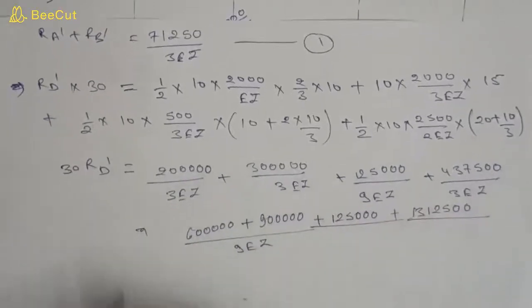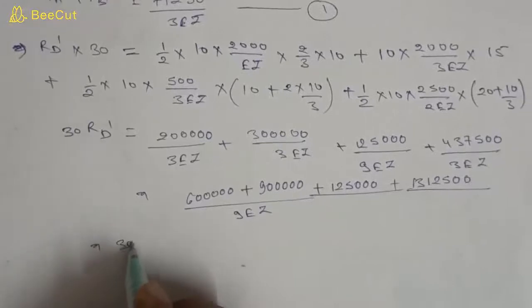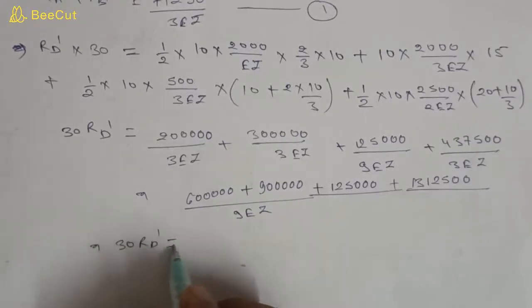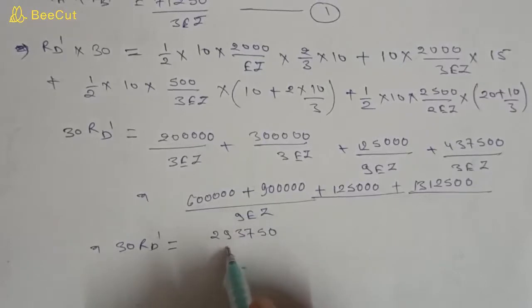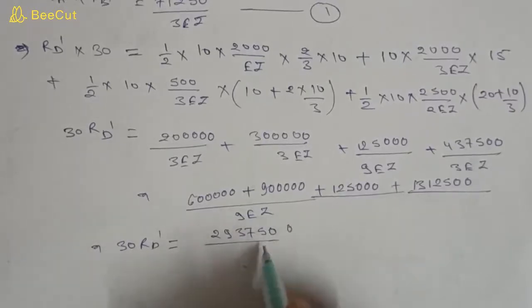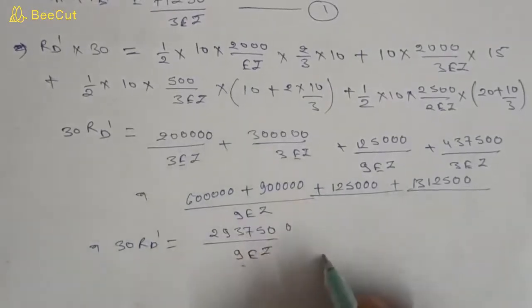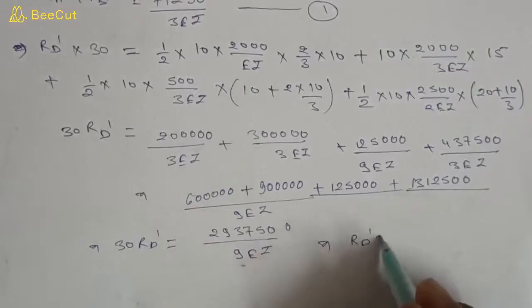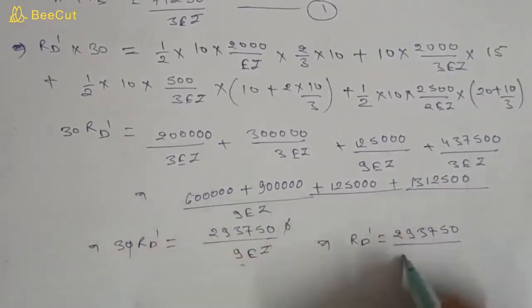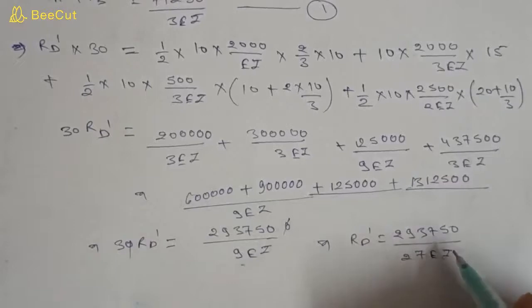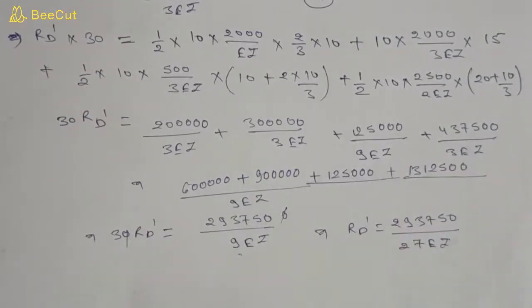So if you add this all, then you will get 30 RD dash will be equal to 293,750 divided by 9 EI. Okay, so RD dash will be equal to 293,750, this 0 will cancel this, upon 27 EI. Okay, so we have found the value of RD dash.